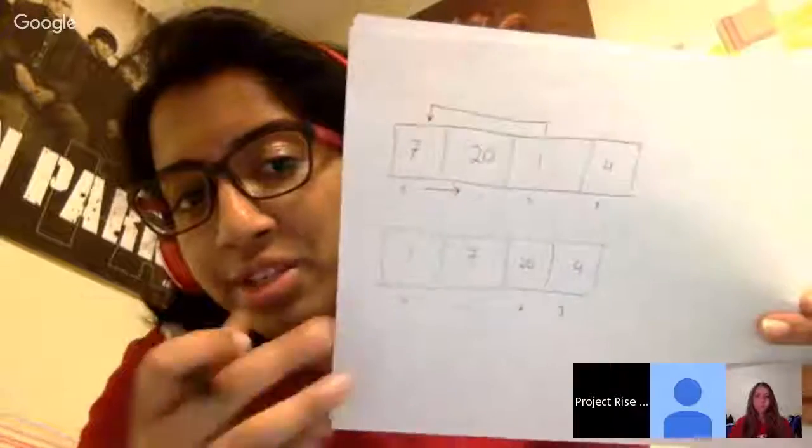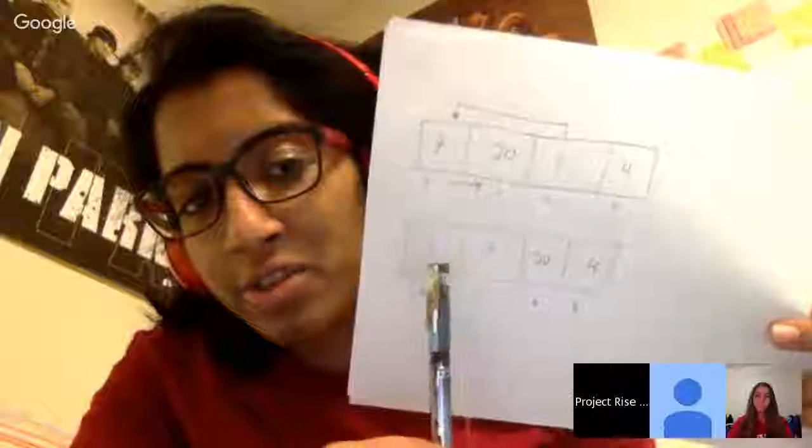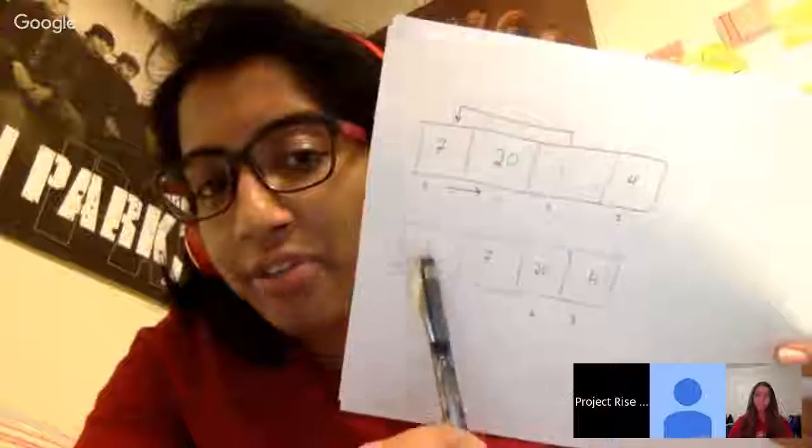Then it's going to look at the next element, which is 4, and say, relative to 1, 7, and 20, where does 4 go? It'll go after 1, but before 7. So it's going to insert it into the 1 position and push the other 2 down. And so you end up having 1, 4, 7, and 20.